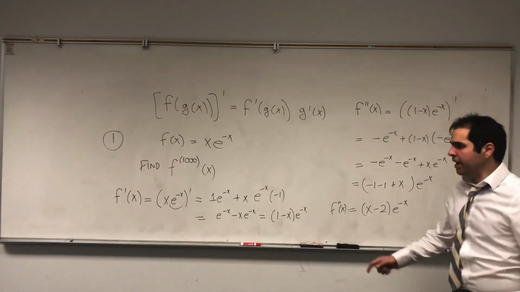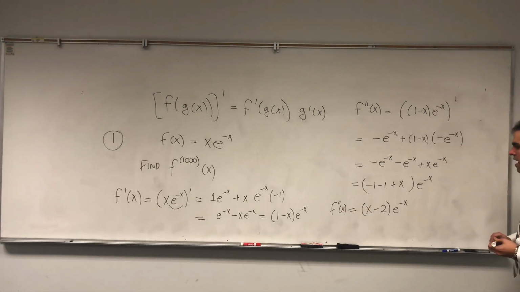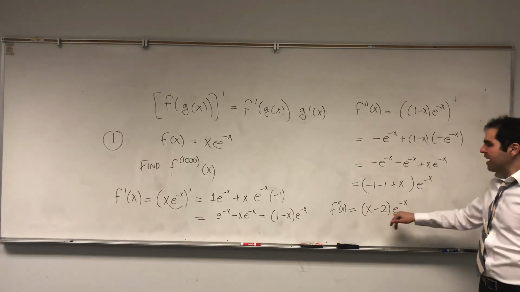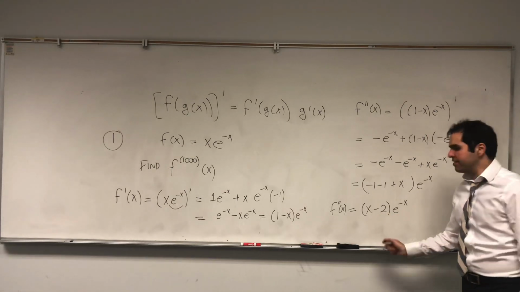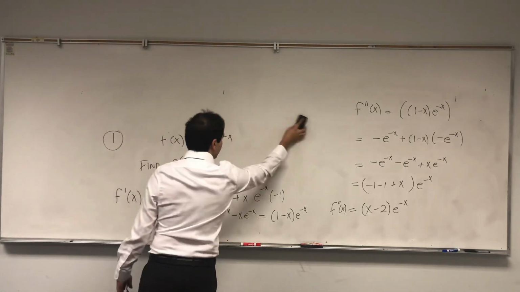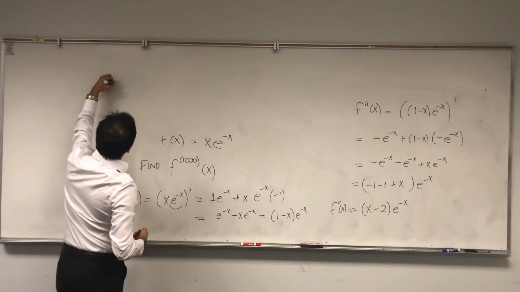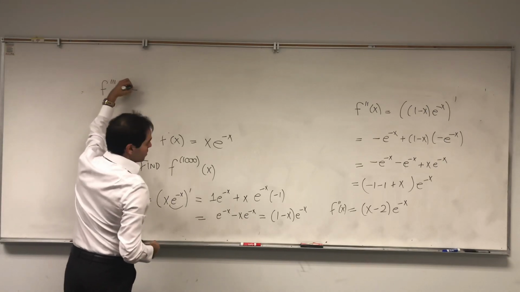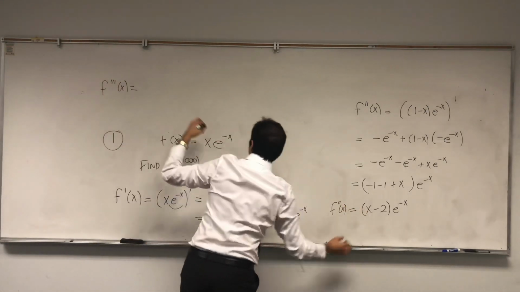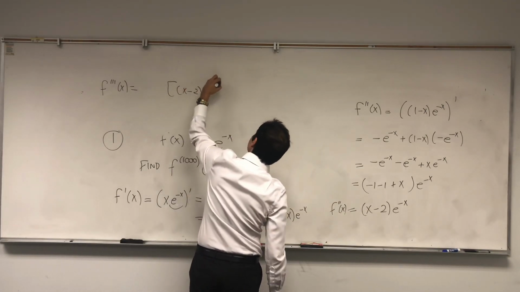Okay, so we get f prime is 1 minus x e to the minus x, f double prime is x minus 2 e to the minus x. We're still not sure what the pattern is, so let's continue. Let's calculate f triple prime of x. So the derivative of x minus 2 times e to the minus x.